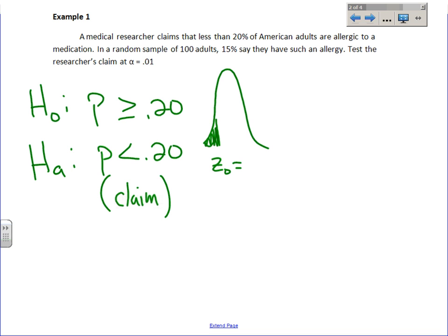Like what's the cutoff, basically? And so we need to look in our table, and it would help to know we're looking at n of 100, we're looking at 0.15. So what do we really want to be in here? How much? 0.01, right?